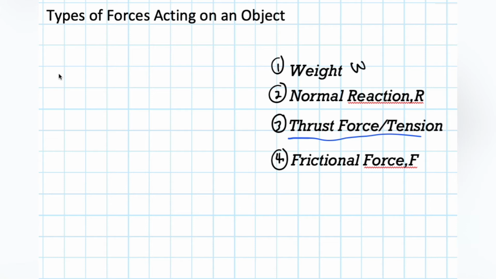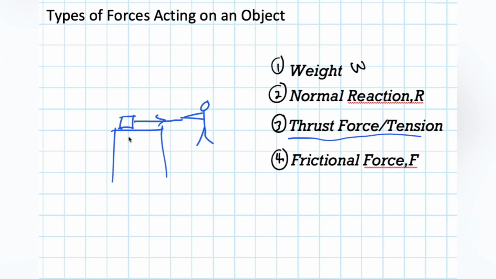The third force that we'll be talking about is the thrust force or the tension force. Now, this force is categorized as the force that is causing the motion of the object. For example, we have a table right here again, and we have a block. This block has a string attached to it, and someone pulls the string in this direction.